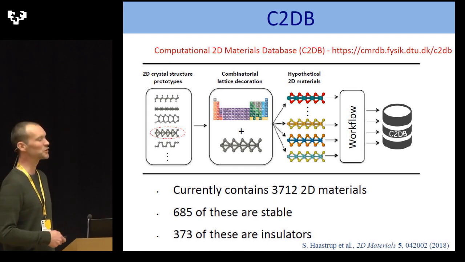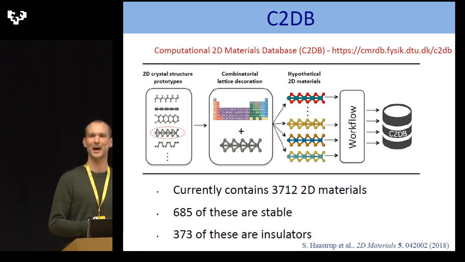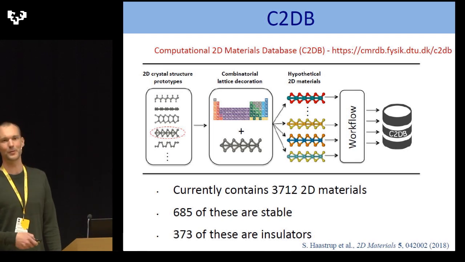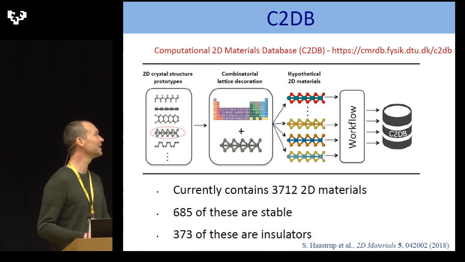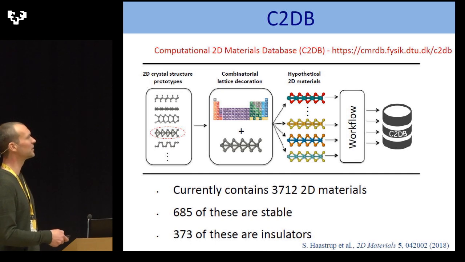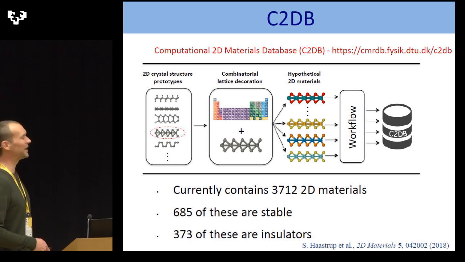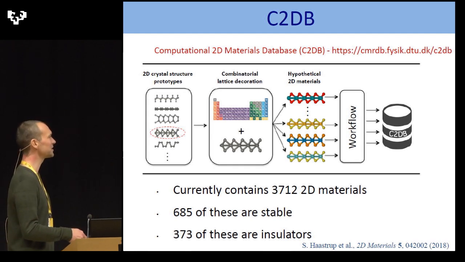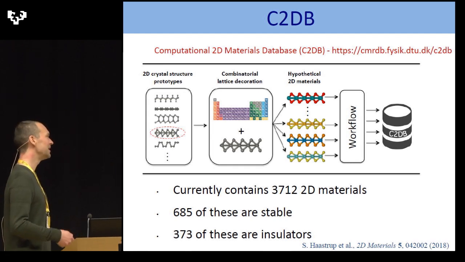For example, if you take MoS2, we can replace molybdenum by other transition metal atoms, or we can take sulfur and replace it by other chalcogen or halogen atoms. And then we run everything through a workflow, and if it looks reasonable, we put it into the database, and then we calculate various properties. And currently we have 3,700 materials, but it's still growing.